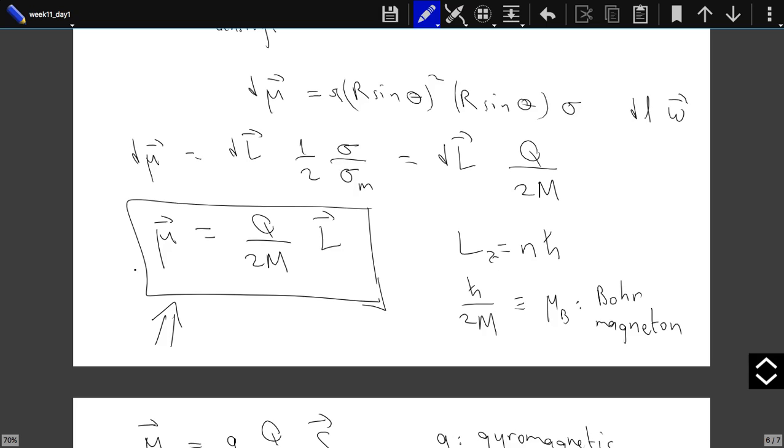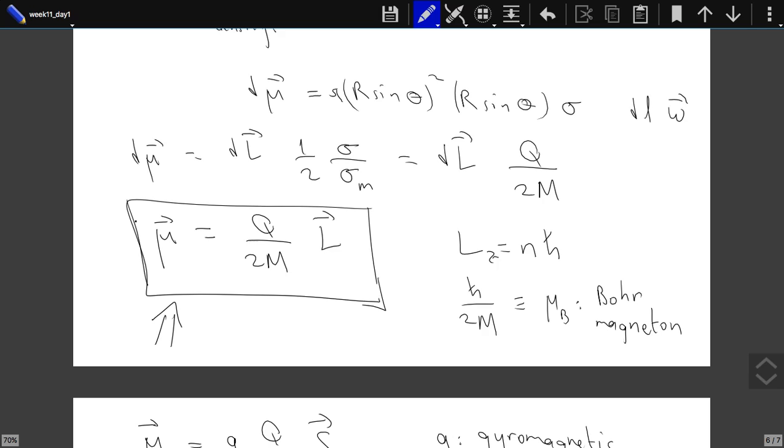We saw that it was indeed the case, with a proportionality constant that is independent of the ring. The constant depends only on the surface charge density and the surface mass density, both of which we assume to be uniform. Since the coefficient is independent of which ring we are studying, we can sum over all the rings, which gives the total magnetic dipole moment in terms of the total angular momentum of the system.